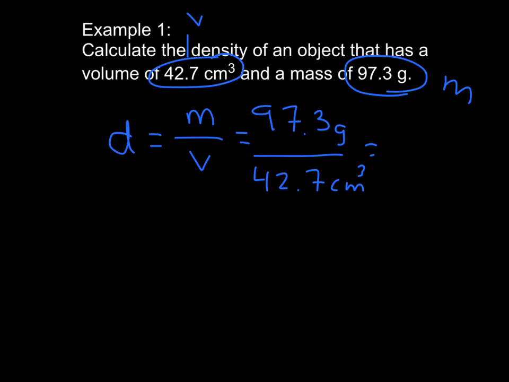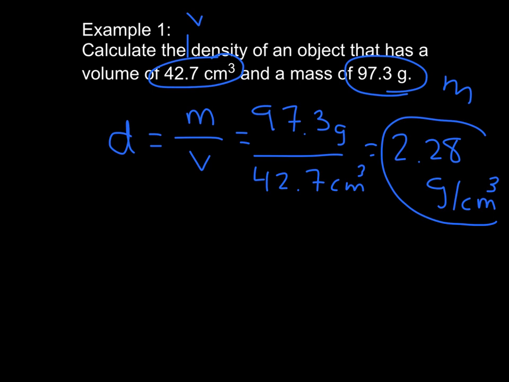When you divide this on your calculator, you're going to get 2.28 grams per centimeter cubed. Now, we have to represent the grams and the centimeters cubed because they are not the same unit. They do not cancel out.